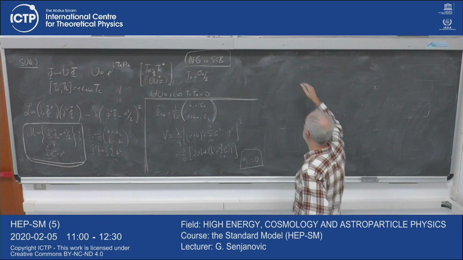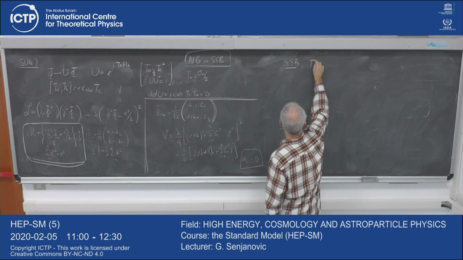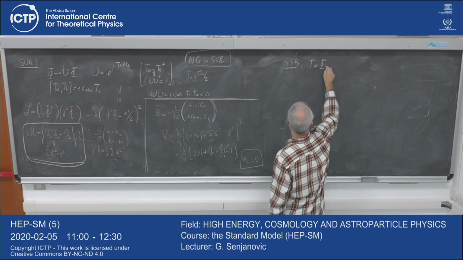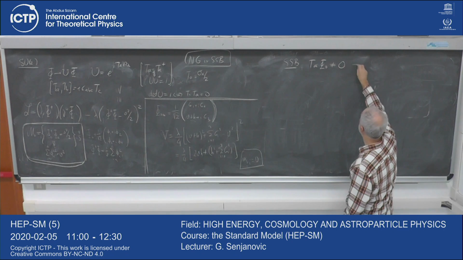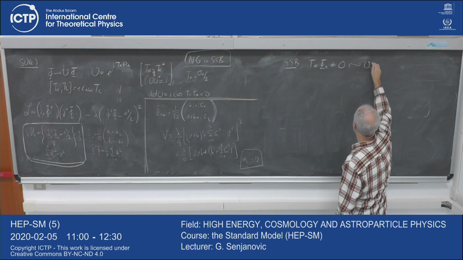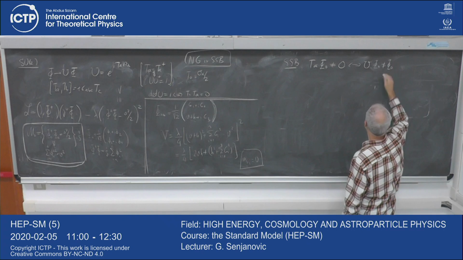Now why? Remember how I said I will have spontaneous symmetry breaking every time a generator does not annihilate the vacuum. Why? Because this will be equivalent with the U that accompanies this generator acting on phi 0 not giving me back phi 0.